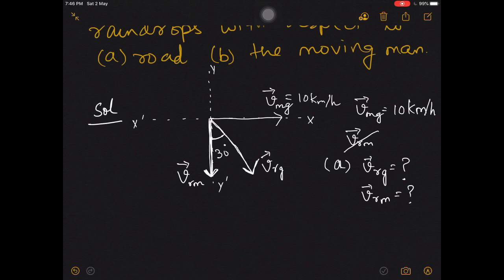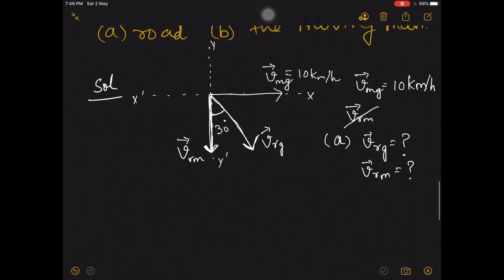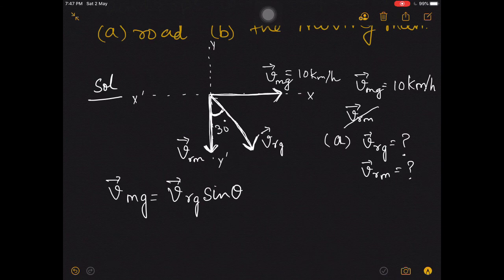We will take help of resolution of vectors. Look here, this is my VRG and this is my VMG. This angle is 30 degrees. Just see the figure and analyze that VMG is equal to VRG sine theta.